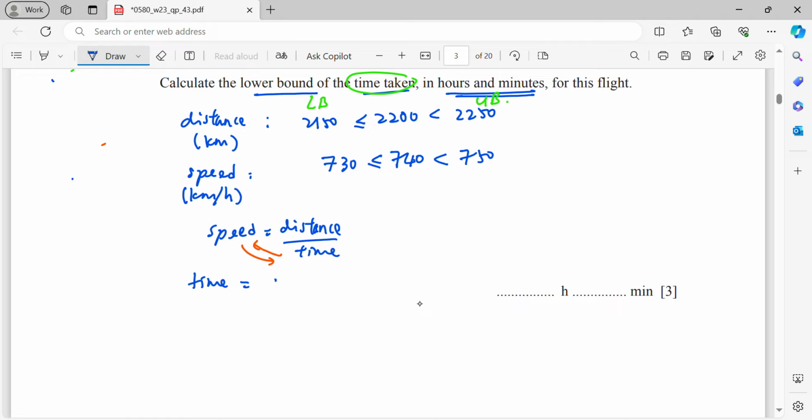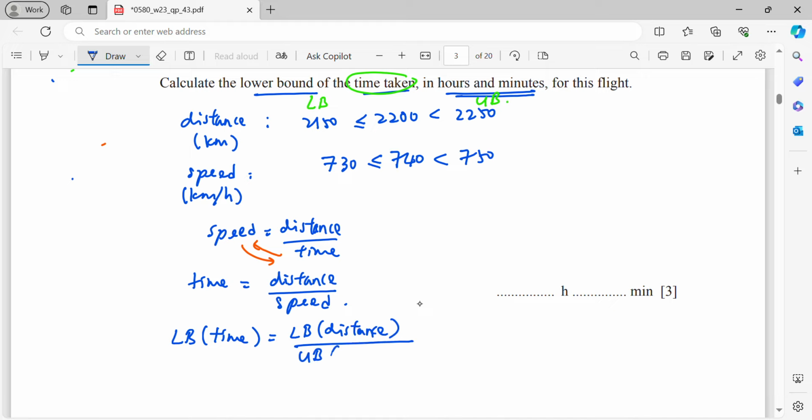That means time is distance over speed. Now the lower bound of time is the lower bound of the distance divided by the upper bound of the speed. This operation will give you the lower bound of the time because it is division.